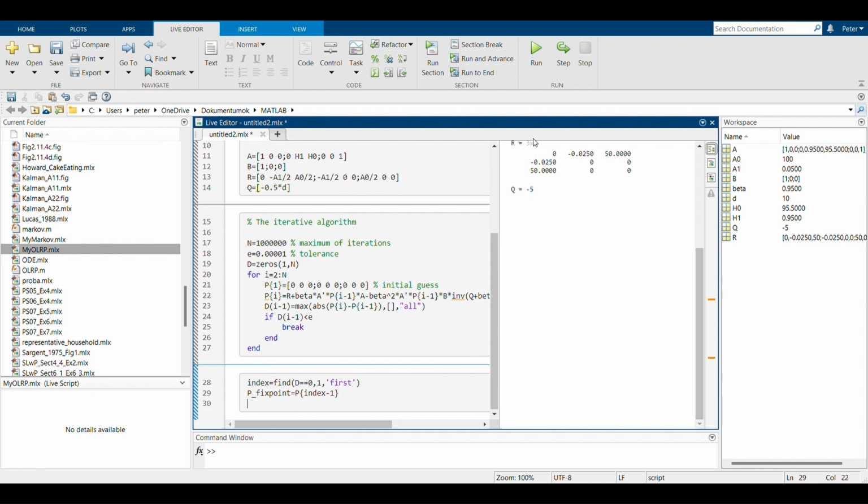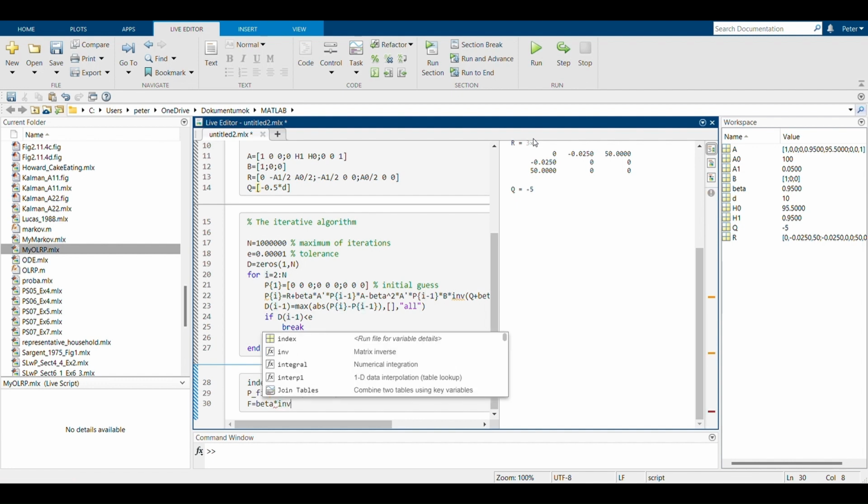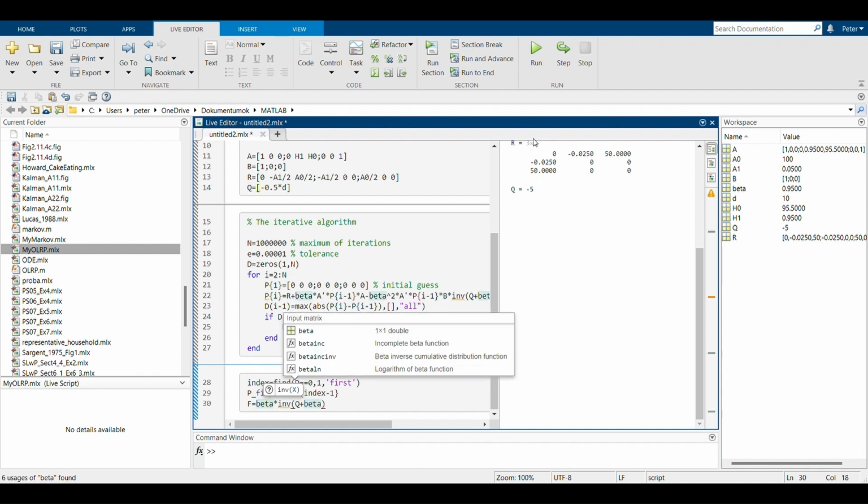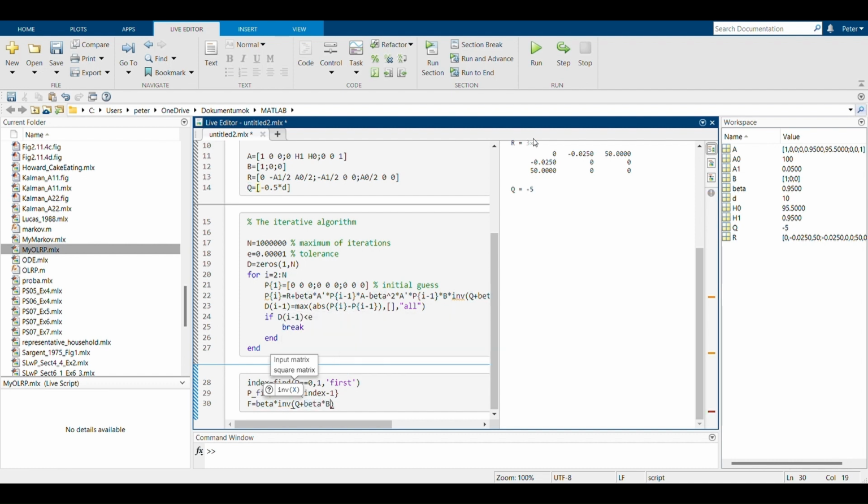Okay, and let's calculate the solution, which we can compare to the official solution published in the solutions manual.